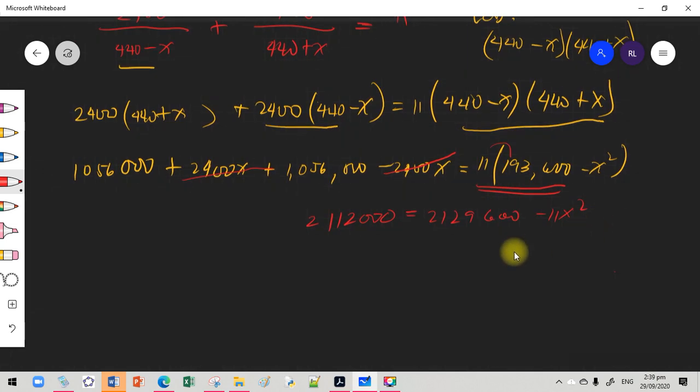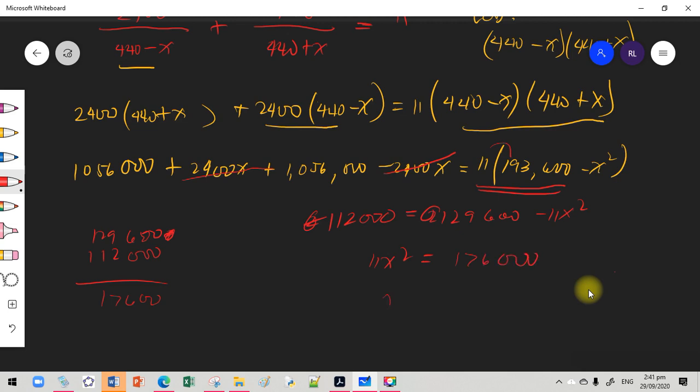We'll have positive 11x squared equals 2,129,600 minus 2,112,000. Am I correct with that? This becomes 17,600.